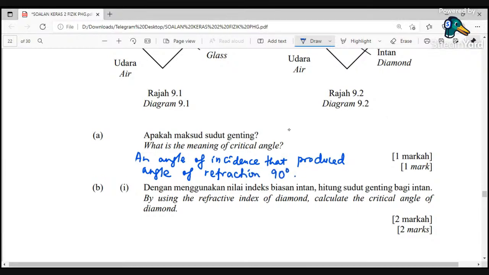Okay, so critical angle actually is an angle of incidence that produce angle of refraction 90 degrees.